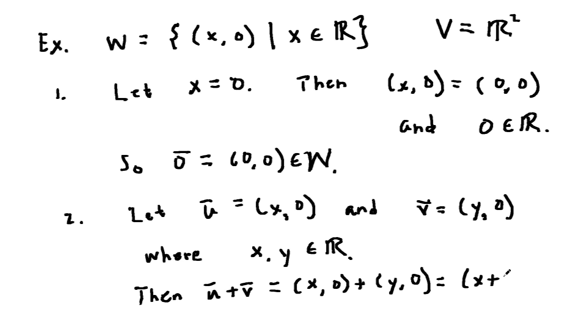So now I get (x plus y, 0). And that lies in W, since x plus y lies in R. So the first component is real, and the second component is 0. But that's just what W is. It's all of those pairs (x, 0), where the first component is real. So this right here lies in W.